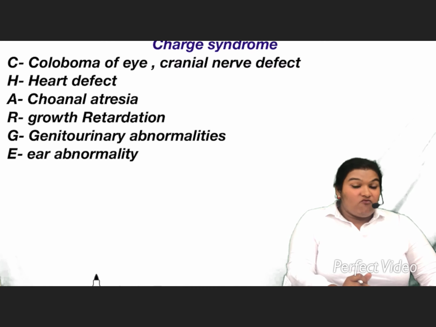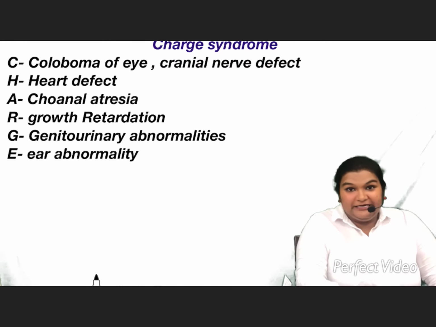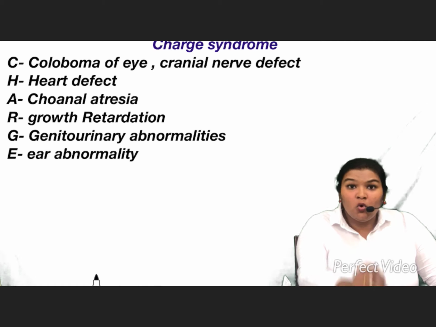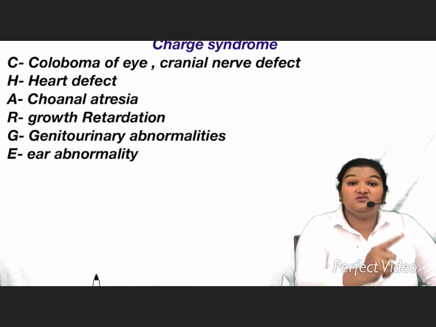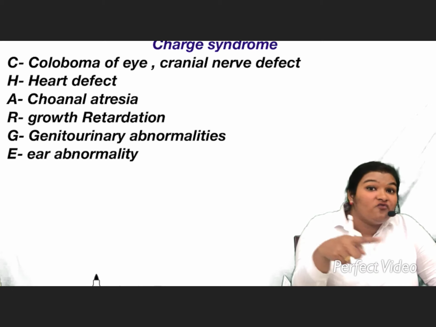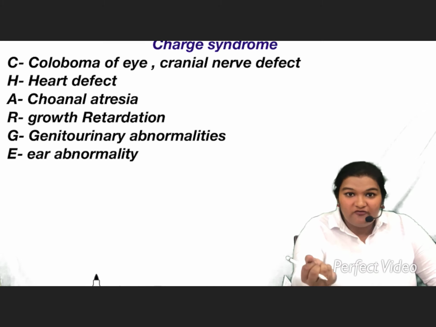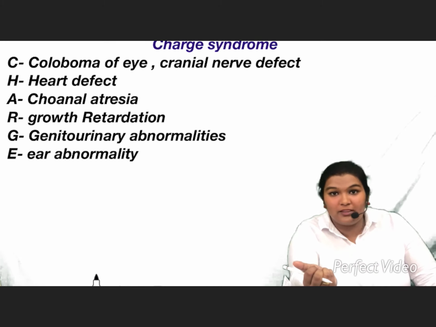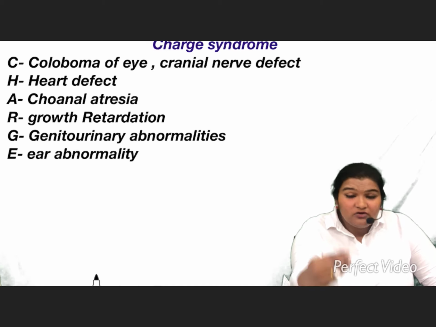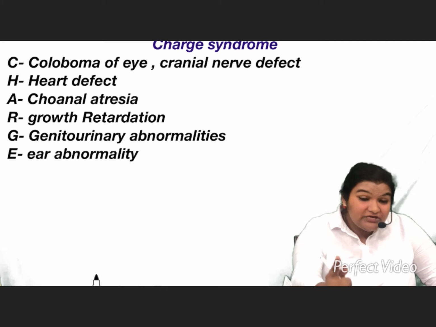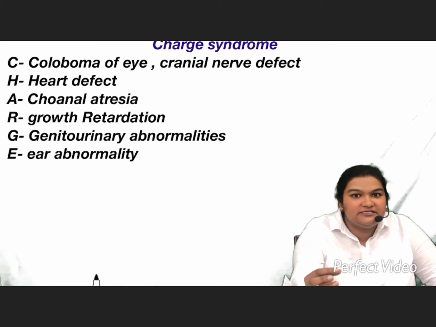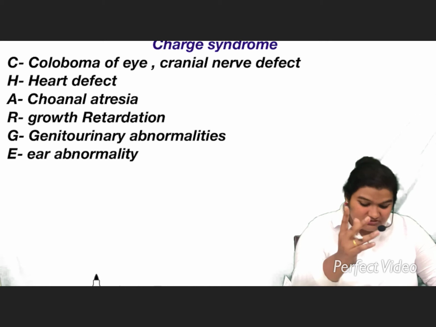Now, whenever there is a case of choanal atresia, mind it, it is not only the case of choanal atresia. Choanal atresia is one of the diseases from a syndrome, a group of diseases. So whenever you get a child with choanal atresia at the time of birth, you need to check for some of the other diseases, and you call it CHARGE syndrome.